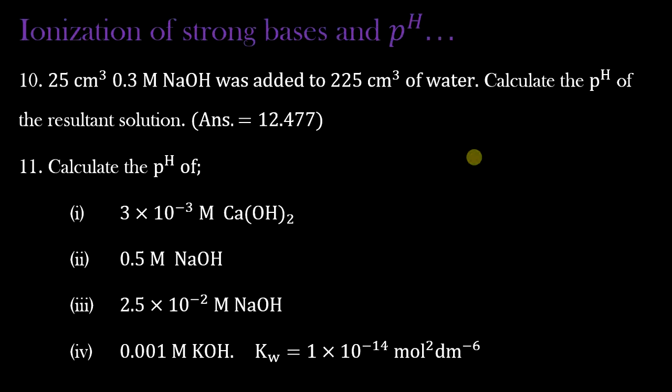And number 11 is telling you to calculate the pH of the following solutions: 3 exponent negative 3 moles per decimeter cube of calcium hydroxide, 0.5 molar sodium hydroxide, 2.5 exponent negative 2 molar sodium hydroxide, 0.01 molar potassium hydroxide. Now in all cases, the value of Kw is 1 exponent negative 14 mole squared decimeter power negative 6.